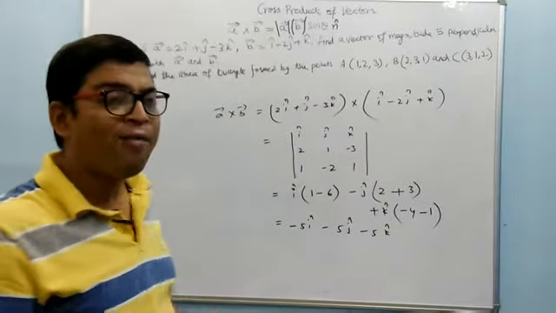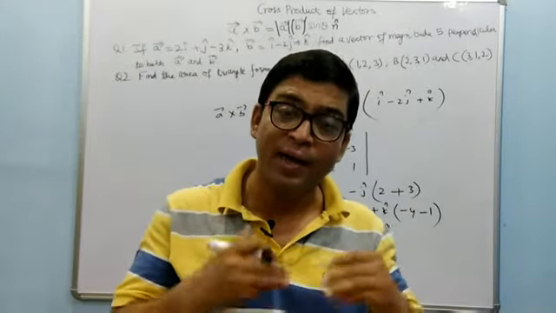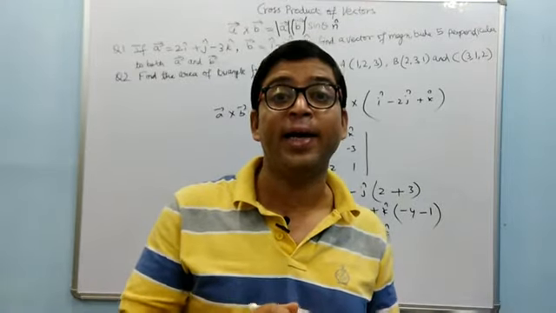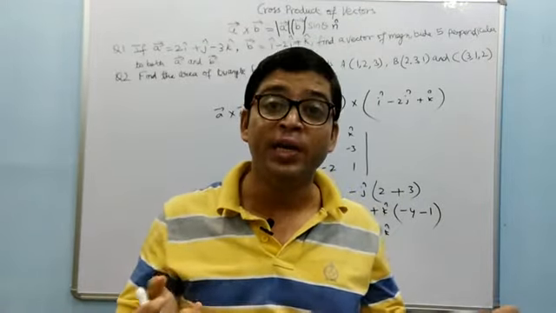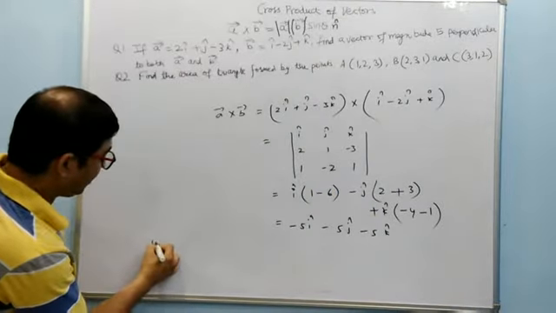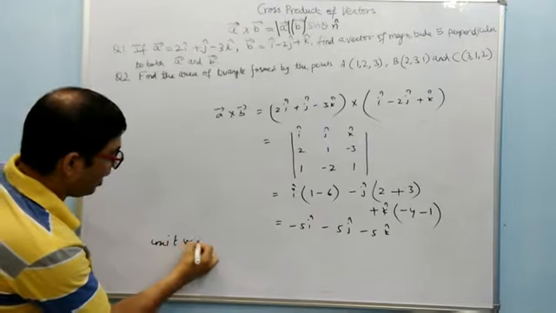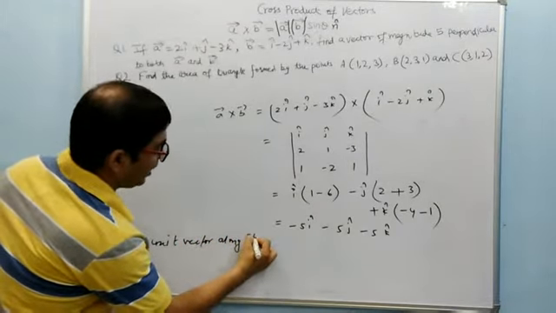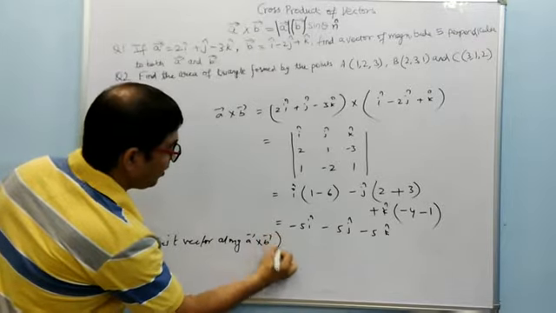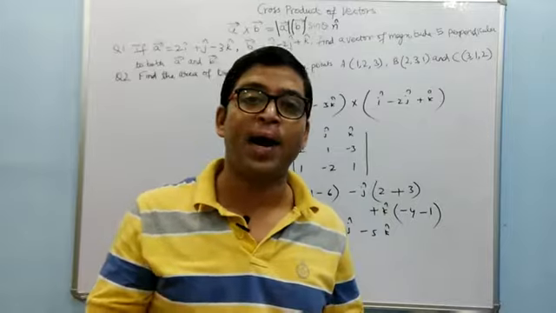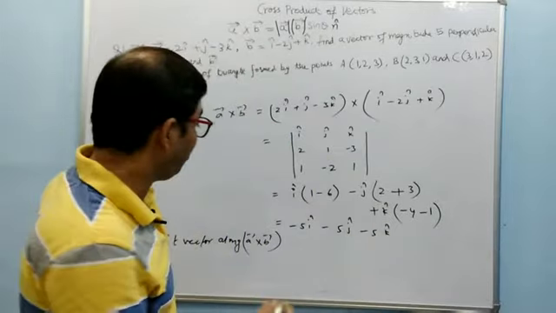So if we have to find the direction of that third vector which is perpendicular to both vector A and vector B, we need to find the unit vector along vector A cross vector B. Very easily we can find it: vector divided by its magnitude.